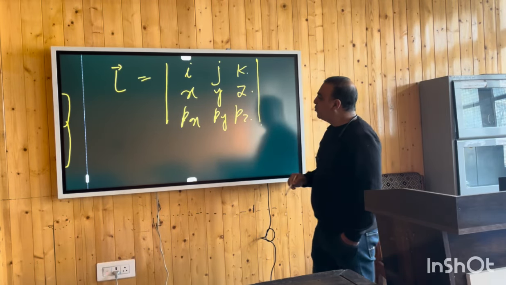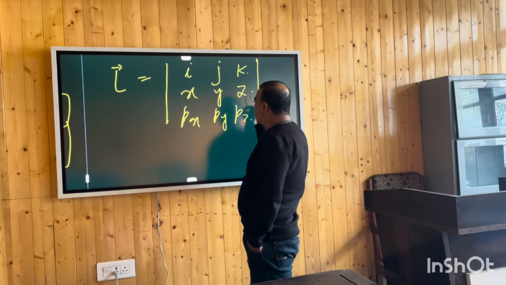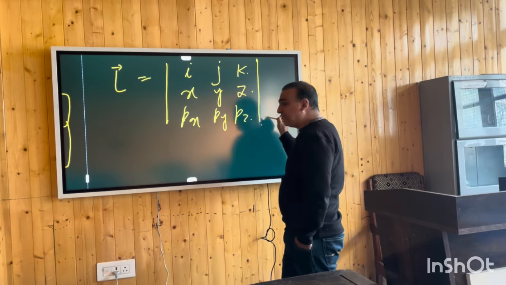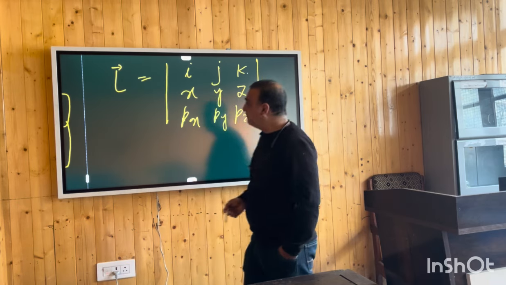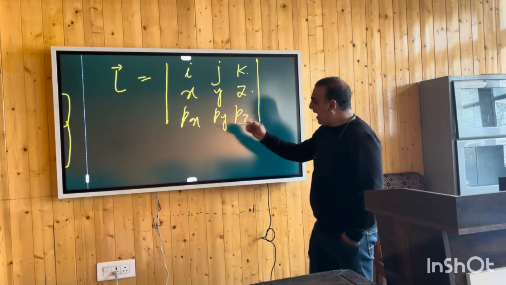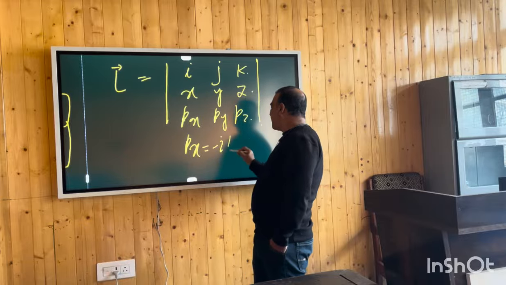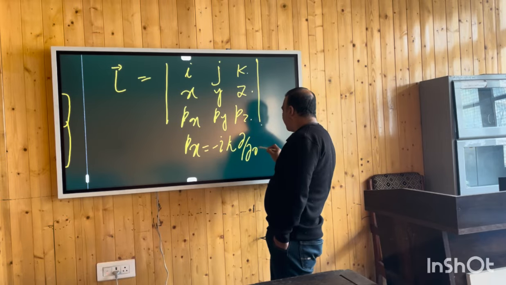So what we can do here is we can replace our positions by their corresponding operators. The momentum along x, y, and z, I can replace them with respect to their operators. As we know, we can replace this px by minus i h bar dou by dou x.